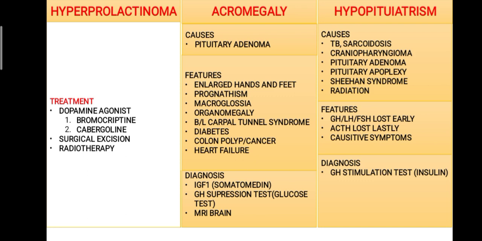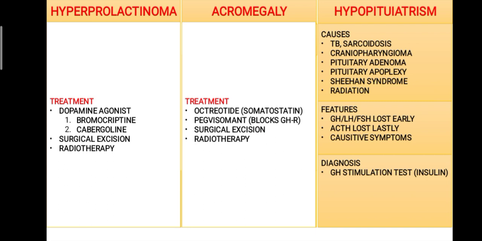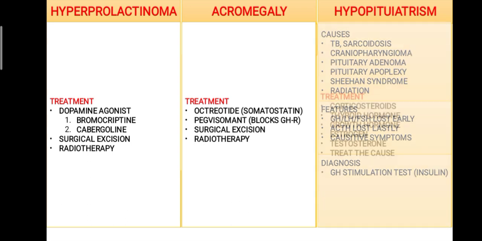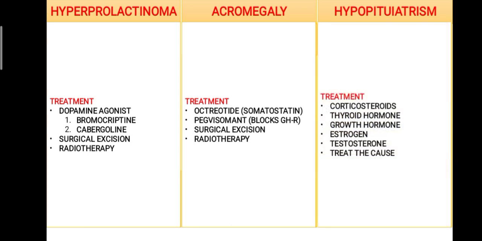For acromegaly, the treatment is octreotide, that is the somatostatin, the growth hormone inhibiting hormone, or pegvisomant, which blocks growth hormone receptors, surgical excision or radiotherapy. For hypopituitarism, we just replace the hormones that are lost and treat the cause. That's all, doctors. Thank you.